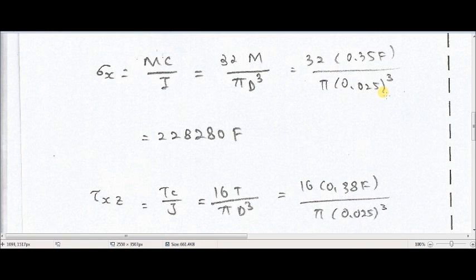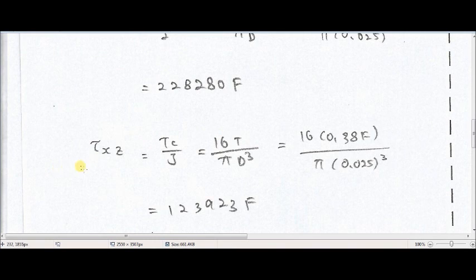As I mentioned earlier, the diameter at this location is 25 millimeter. I will convert it to meter and substitute here. So the bending stress in terms of F equals this.